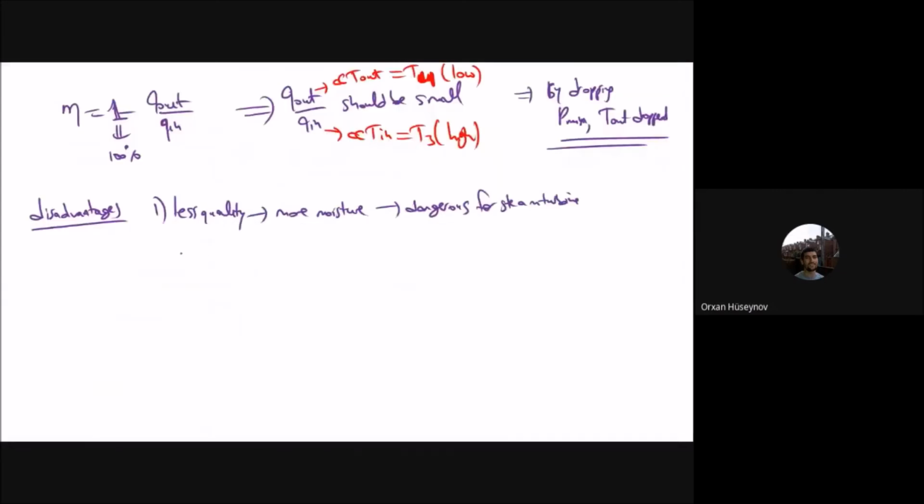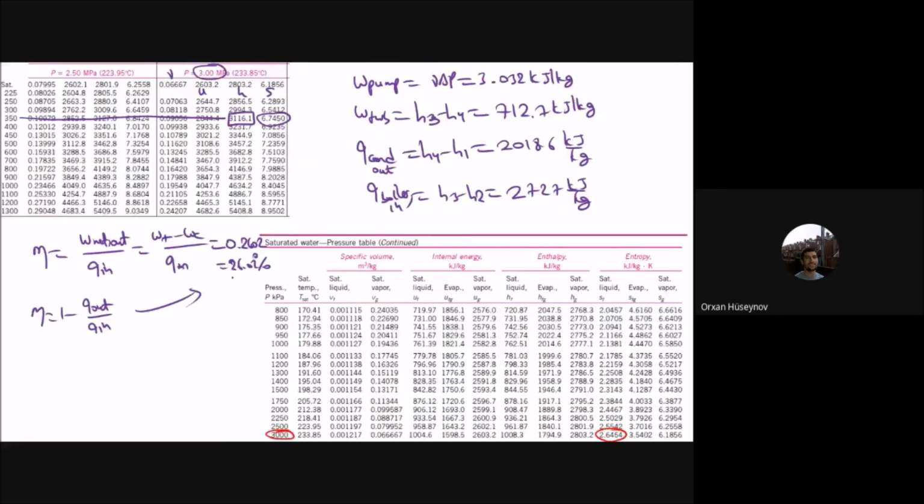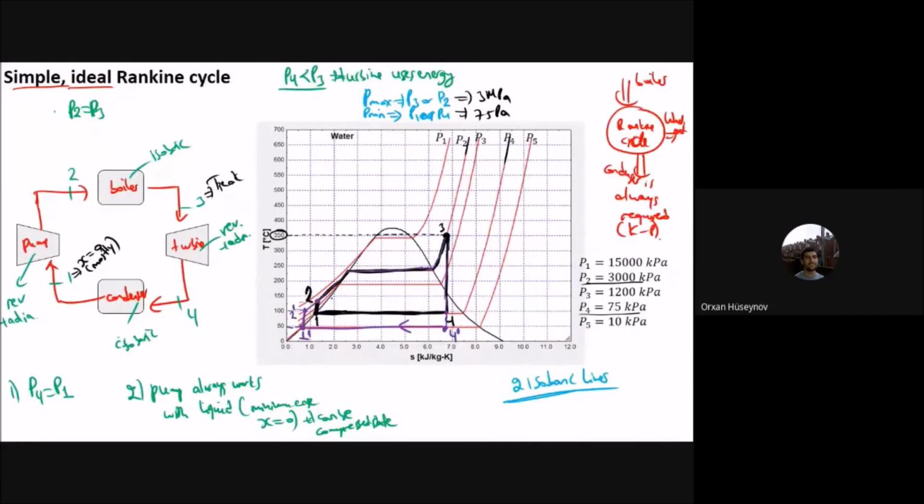And the second disadvantage is that, let's go back to the chart here. You can see that at the first case, the boiler was heating from that one to this one.